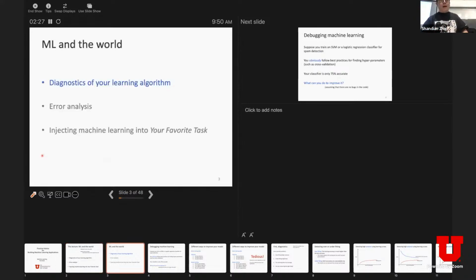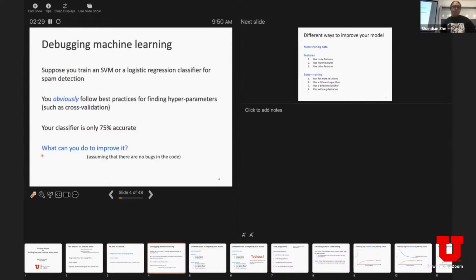Okay, first, diagnostics of your learning algorithm. Suppose you train an SVM or a logistic regression for spam email detection. You obviously follow the best practices for finding the hyperparameters, like cross-validation and held-out tests, but it only got 75% accuracy on some big test data set.